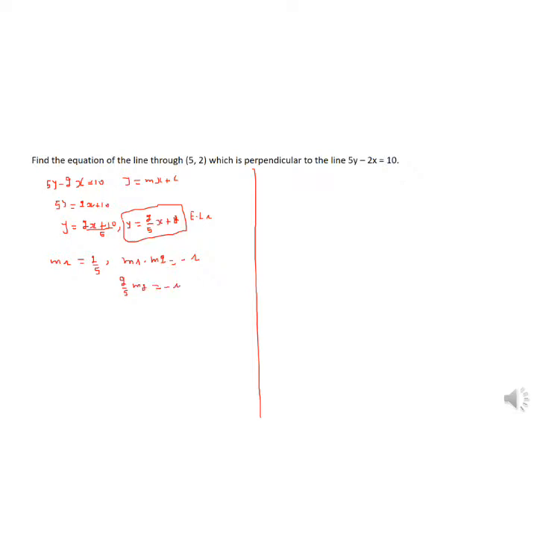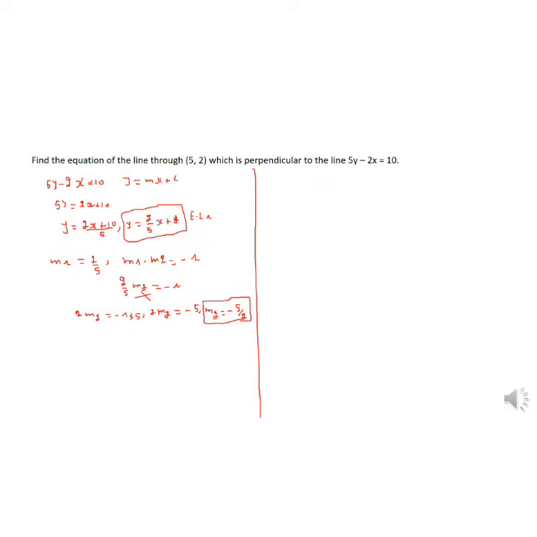You can cross multiply, and now get 2m2 is equal to minus 1 times 5. It gives 2m2 is equal to negative 5, and now m2 is equal to minus 5/2. This is the gradient of the second line.